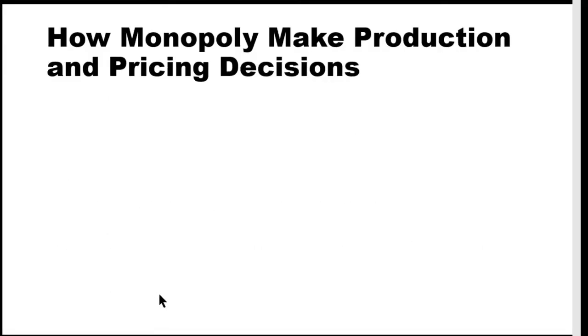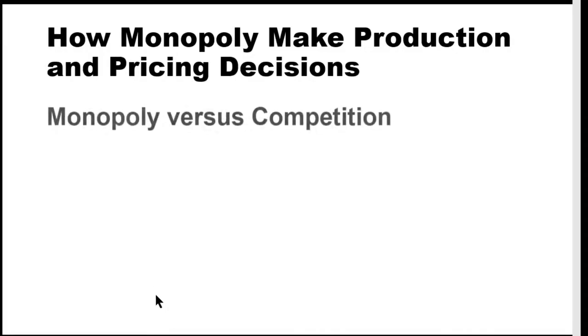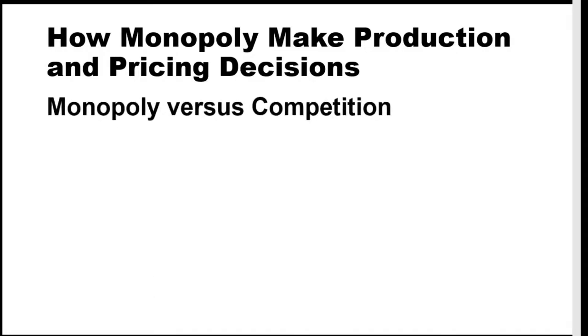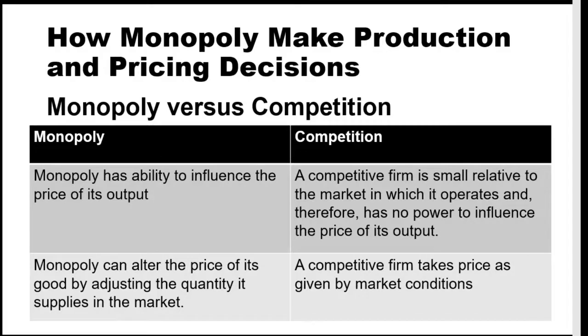So, how do monopolies make production and pricing decisions? If we're going to compare a monopoly with a perfectly competitive firm, a monopoly can influence the price of its output. Kay siya naman isa. And it can alter the price of its good.